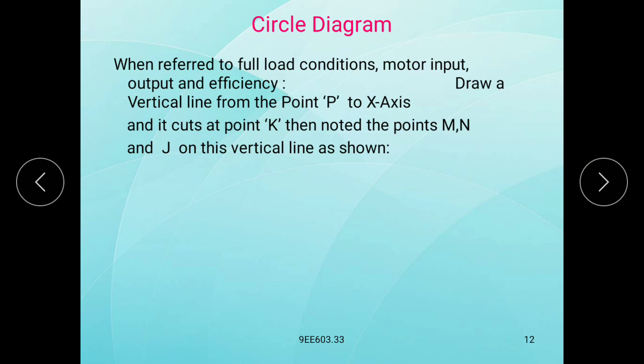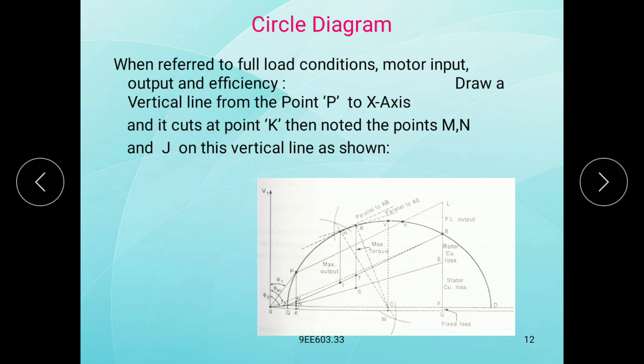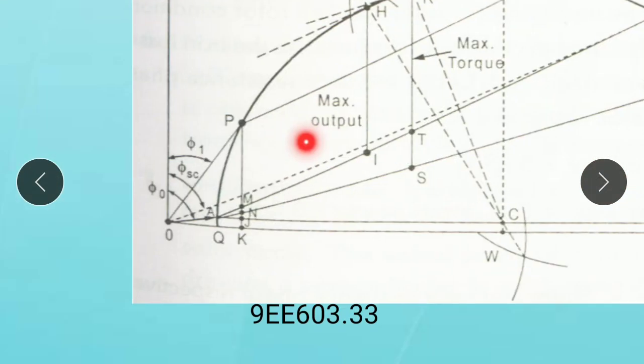Now, when referred to full load condition, for the motor input, output and efficiency, draw a vertical line from point P to the x-axis, and it cuts a point K. Then note the points M, N and J on the vertical line.